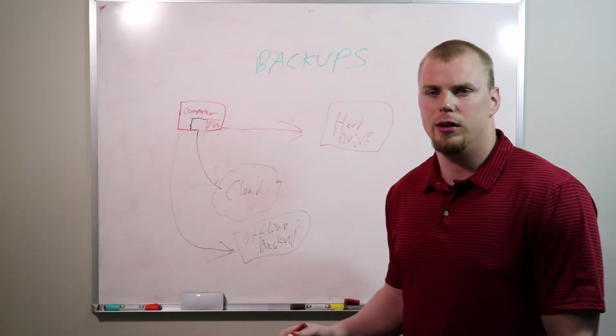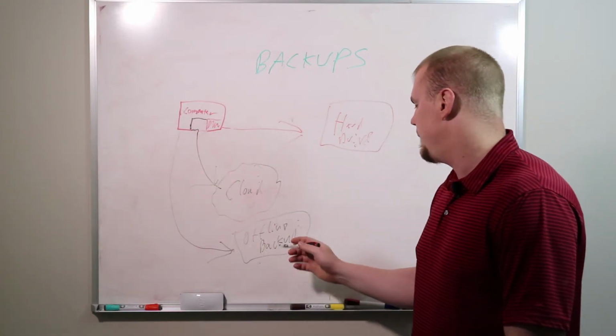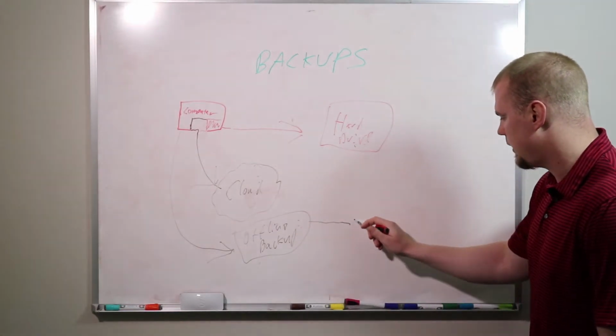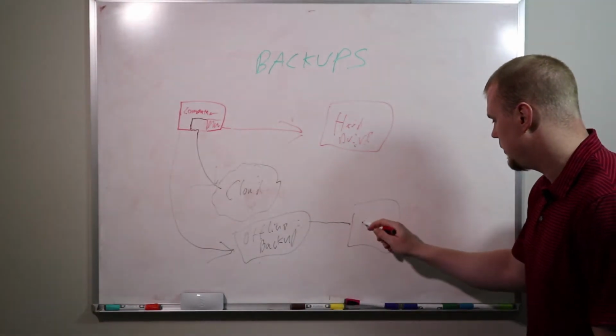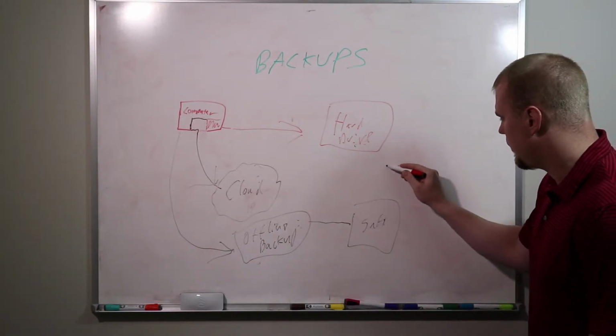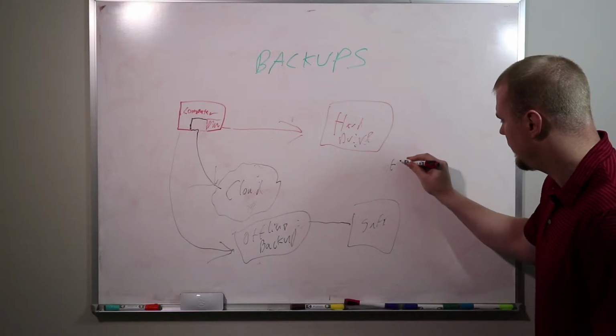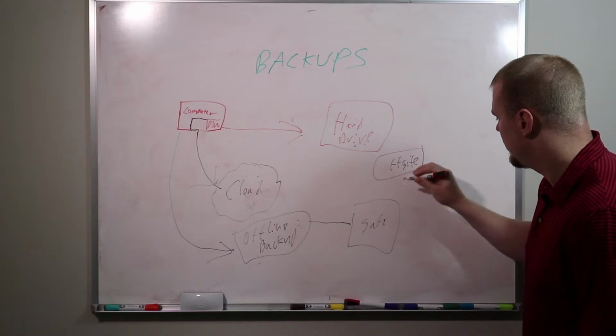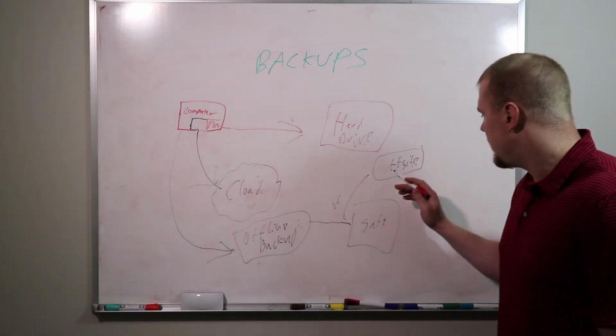Every week you plug it in, you sync to it, and then boom, you stick this offline backup either like in a safe, or ideally, you stick it off site.